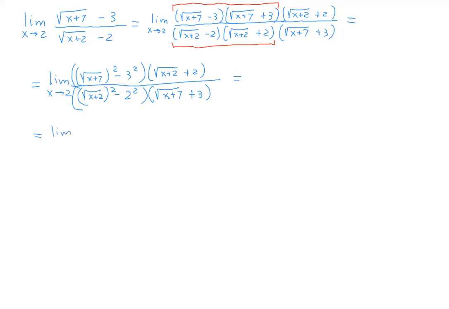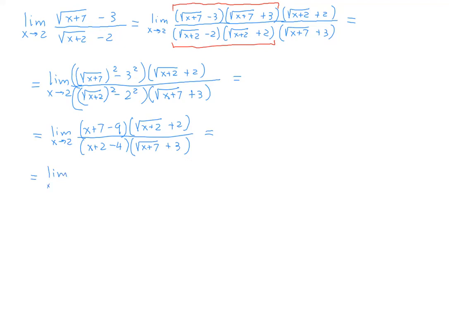This is the same as the limit as x tends to 2 of (x plus 7 minus 9) times (square root of x plus 2 plus 2) over (x plus 2 minus 4) times (square root of x plus 7 plus 3), which, of course, is much simpler than it really looks. This is (x minus 2) times (square root of x plus 2 plus 2) over (x minus 2) times (square root of x plus 7 plus 3).